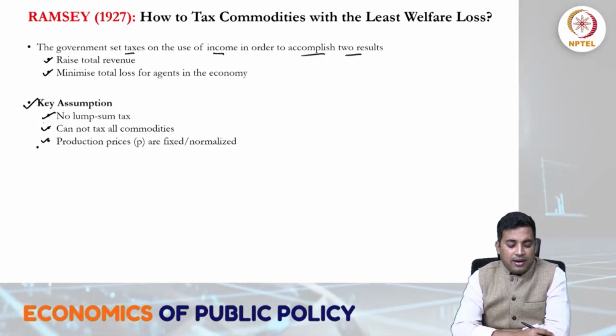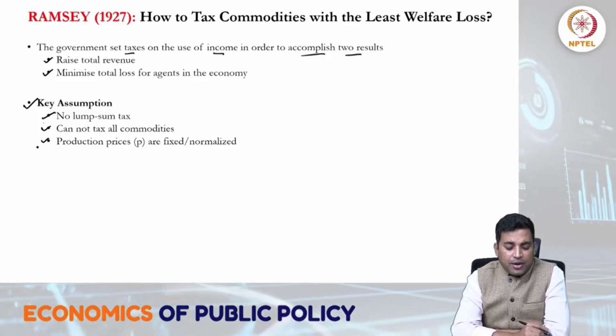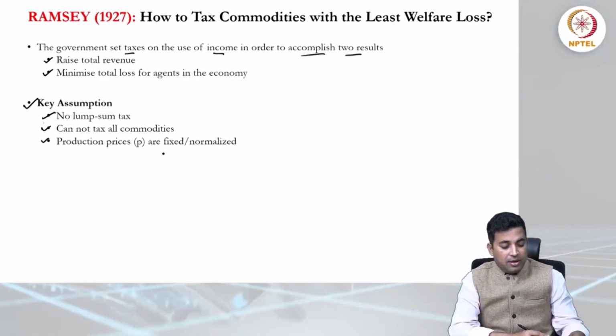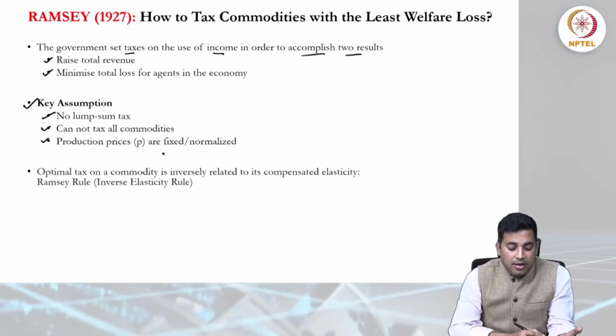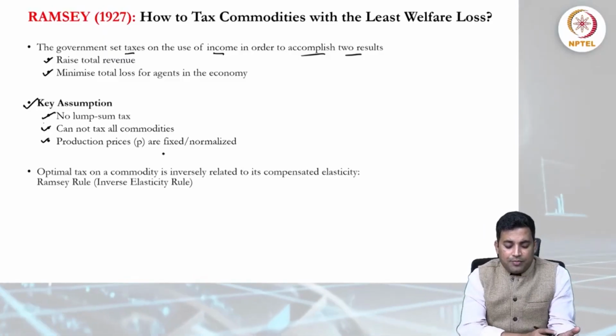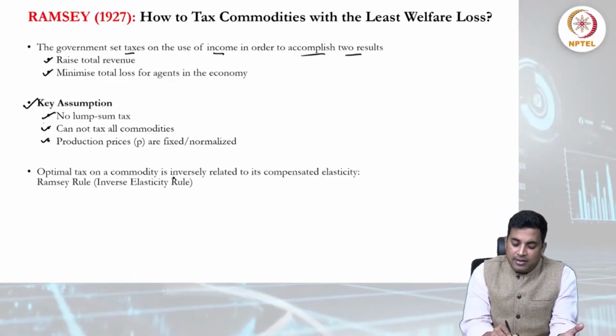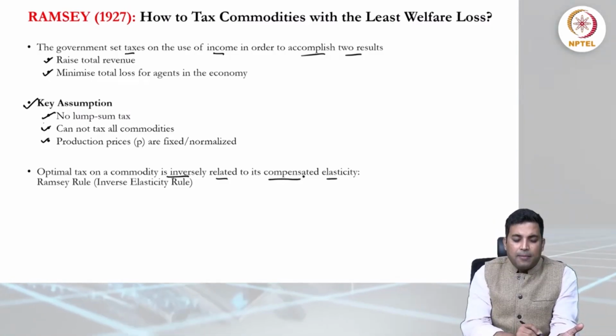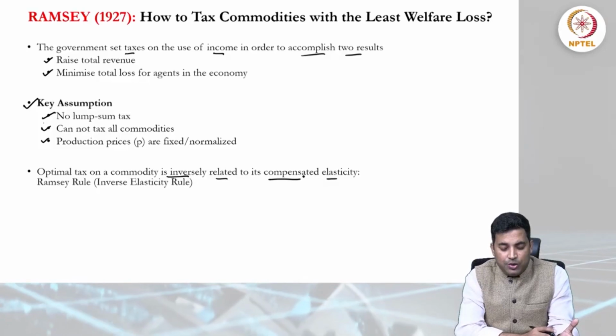The third point is that production prices are fixed or normalized, which we have to keep in mind. So the optimal tax on a commodity is inversely related to its compensated elasticity, and that is Ramsey's rule.